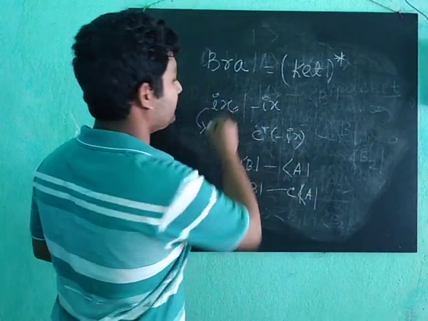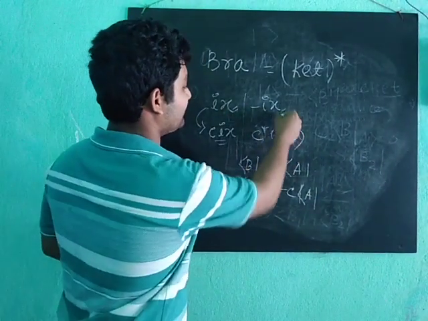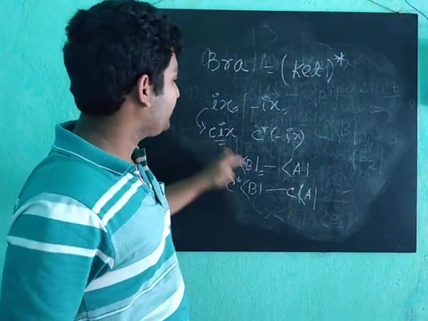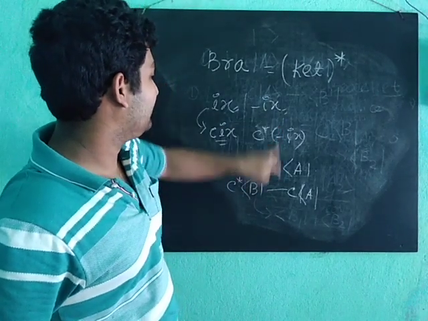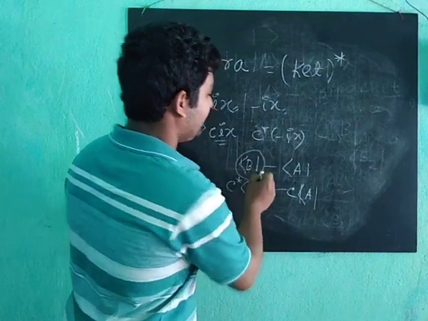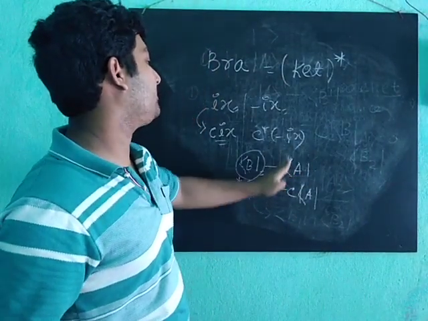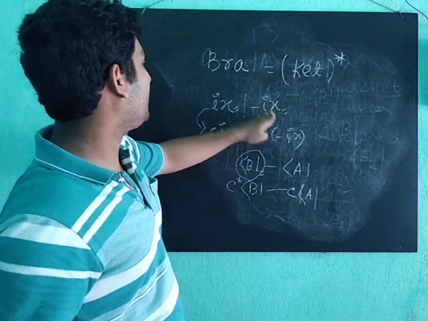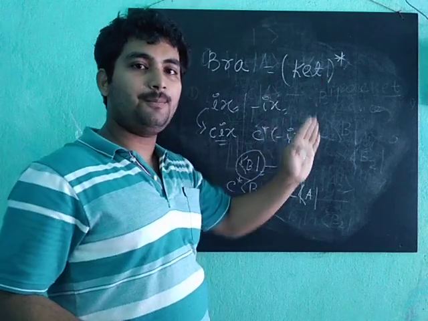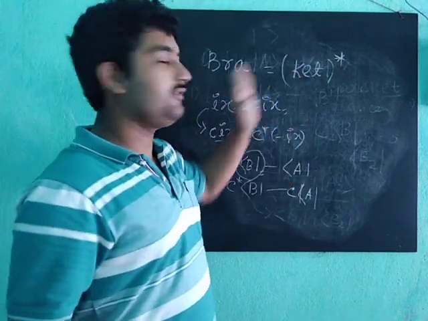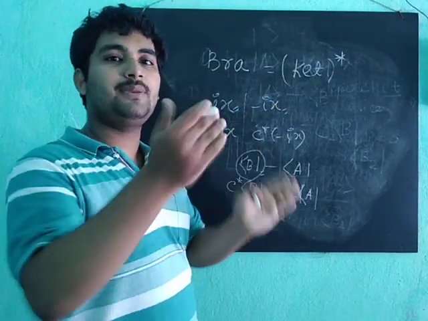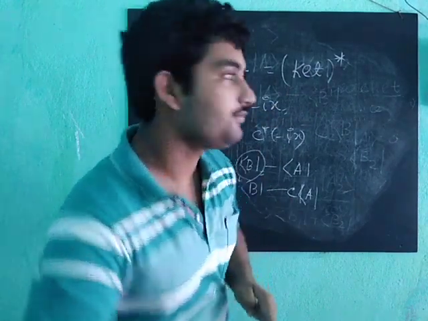So the B vector is nothing but the complex conjugate of this vector. So a bra vector is always a complex conjugate of a ket vector. This is the connection between a ket vector and a bra vector. These two are complex conjugates of each other.